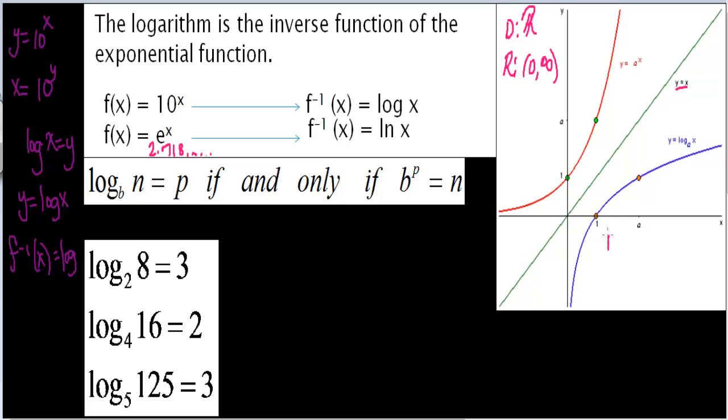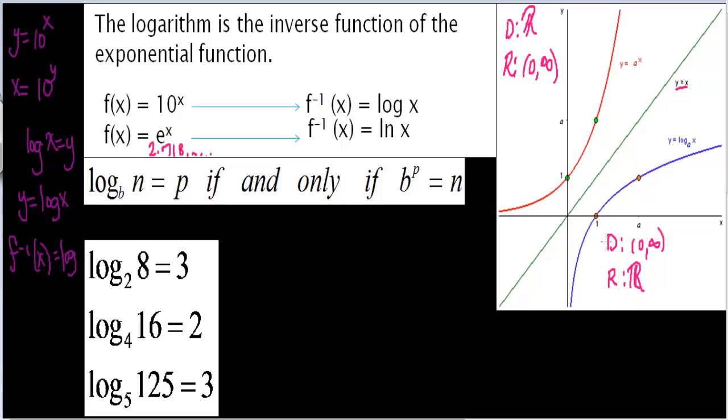So the domain of the log function is the range of the exponential function, and the range of the log function is the domain of the exponential function, which is all real numbers.